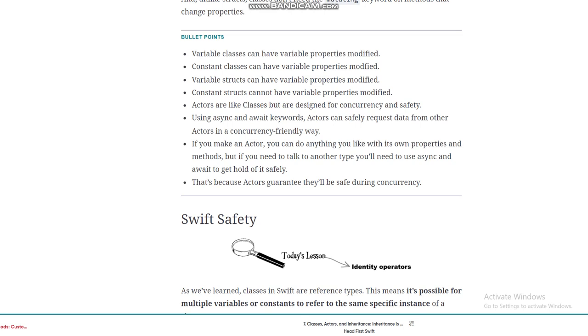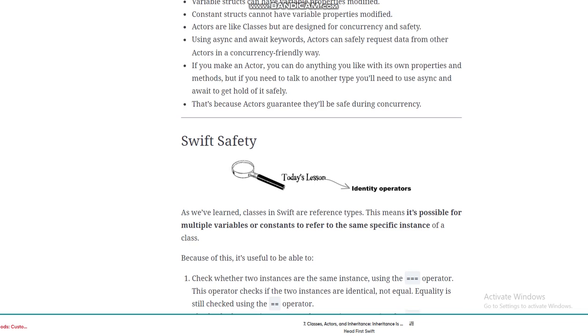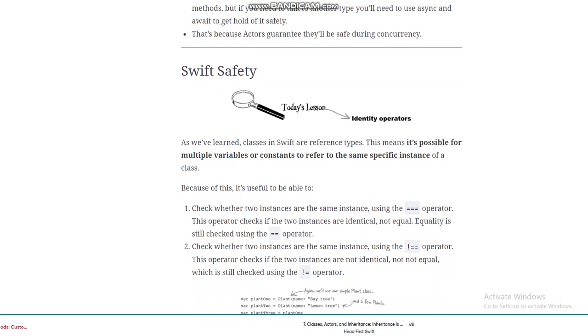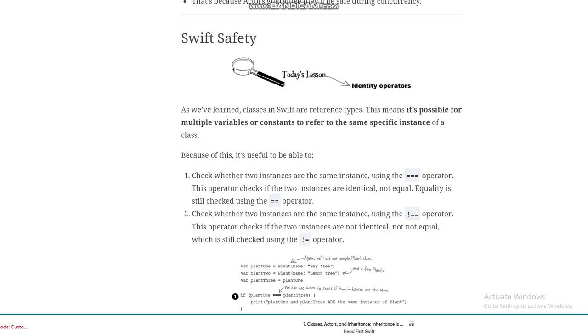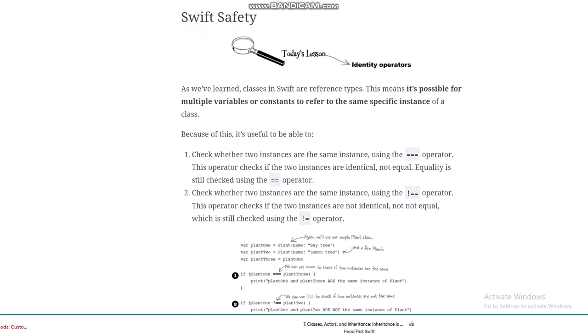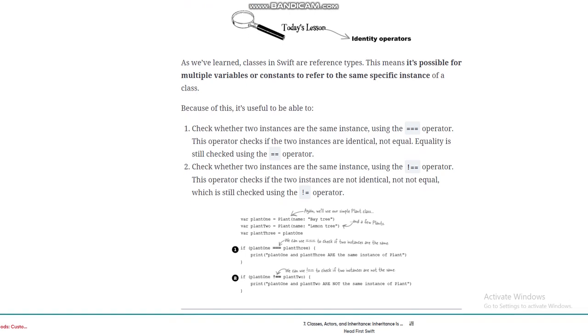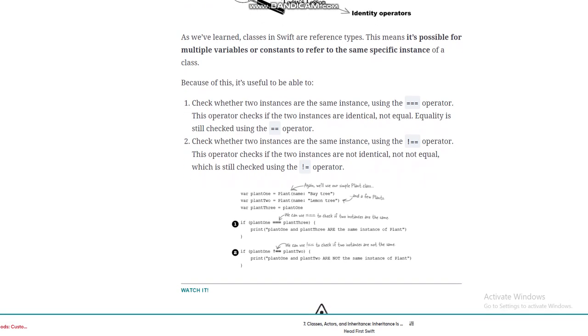So we were talking about variables on a class. We were talking about actors as well, and how important they are for concurrency, right? So Swift is safe, and we were talking about reference types, which means it's possible to have multiple variables pointing to the same instance and also to check if they are the same.